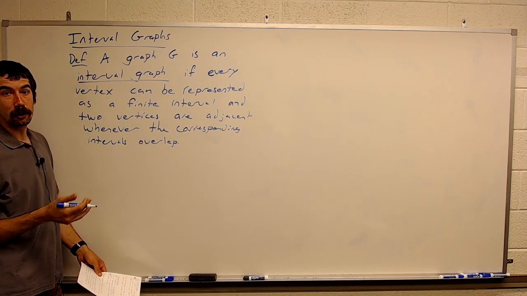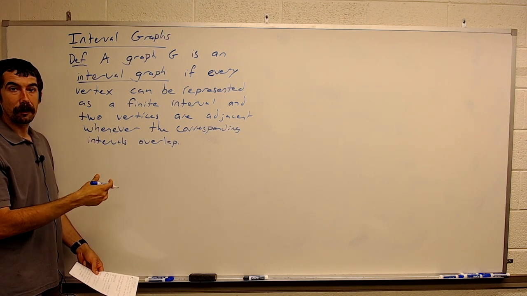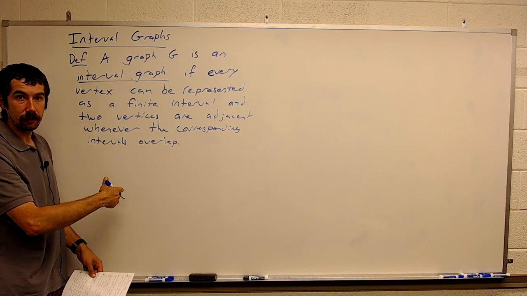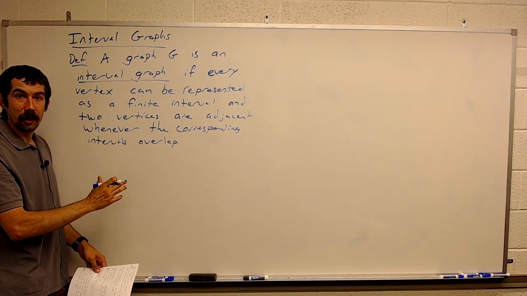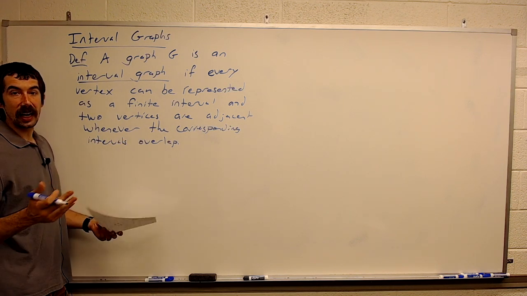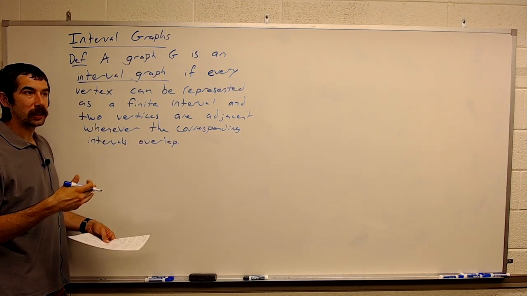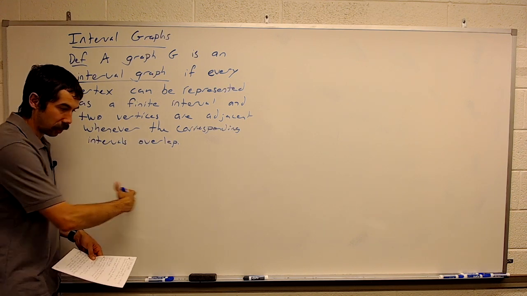Okay, so interval graphs basically can be treated as, each vertex could be treated as some part of the number line. Typically, we go the other direction. We're going to have a bunch of classes. Suppose you're organizing a school. We're going to have a bunch of classes that have certain times.